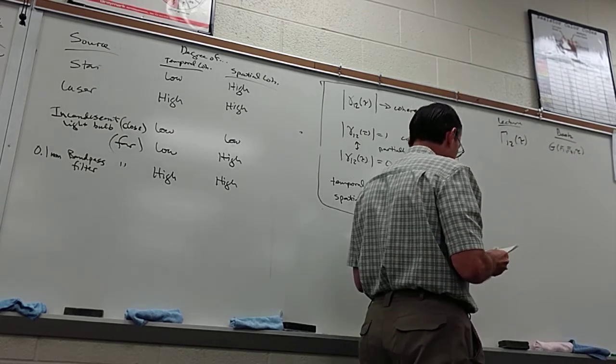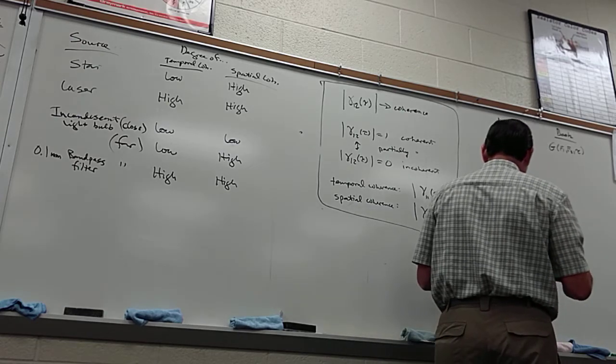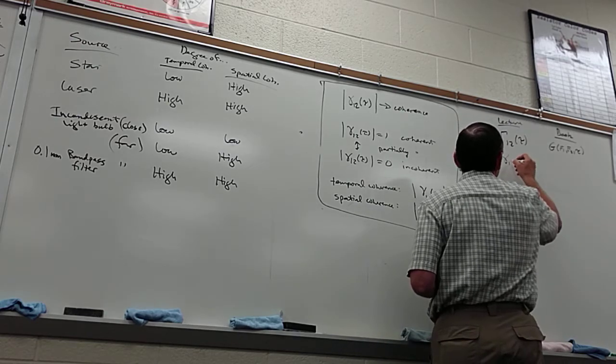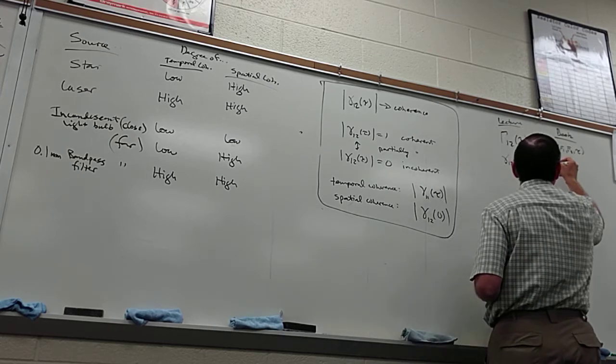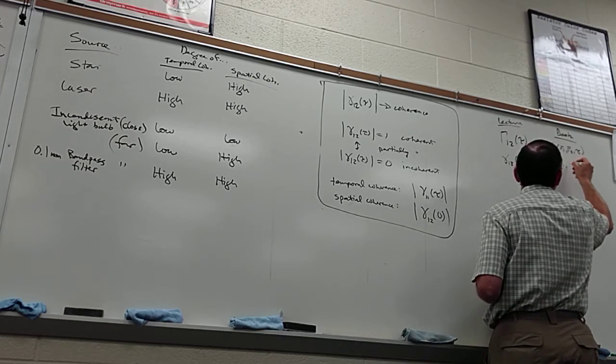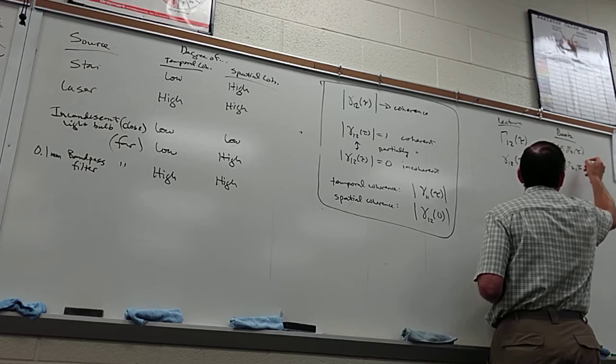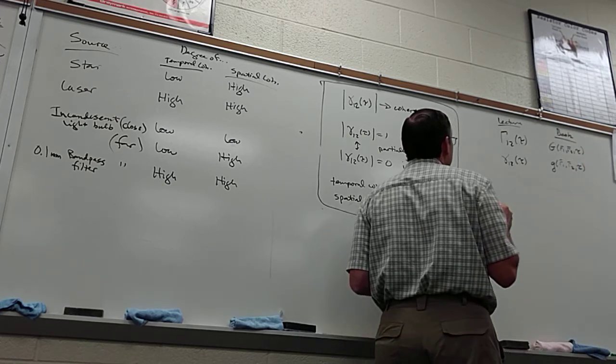The complex degree of coherence, they call that little g of R1, R2, and tau.